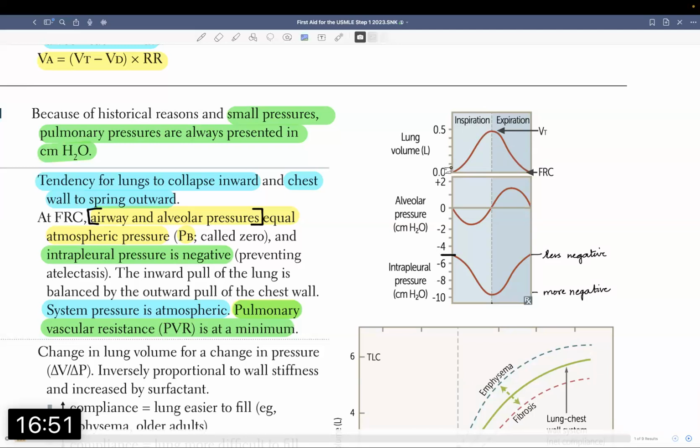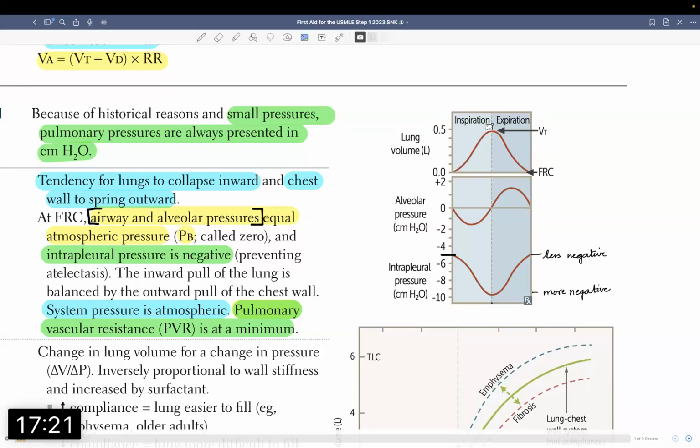Yeah. So basically when you inspire, the volume is going from 0. That's where the FRC, we said, is at the point 0.0, for example, where at that point only what is residual is remaining. So when you inspire, this volume goes up, right? You're taking in air, so it's going to increase from some 0 volume to 0.5 liters, which is 500 ml, the maximal tidal volume.